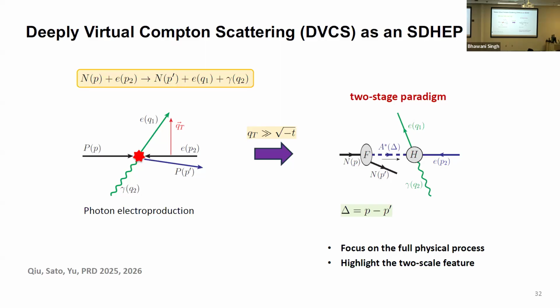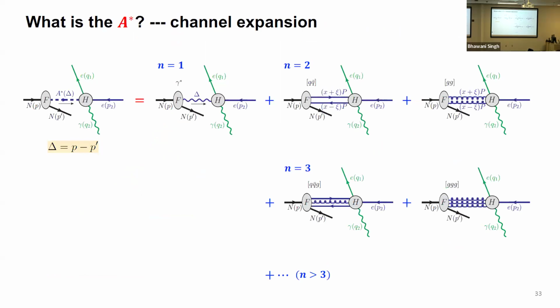So in this picture, we highlight the two-scale features. And then the question is, this mysterious state A star, what is it? Well, the reason we are highlighting this A star is because it has a very low virtuality but large momentum. So it behaves like a quasi-real state.